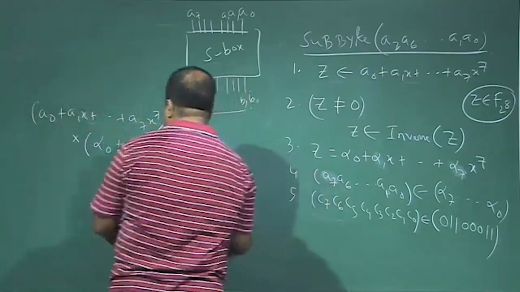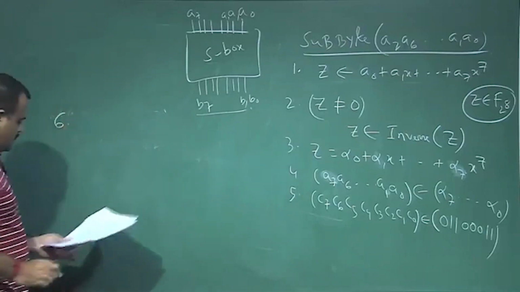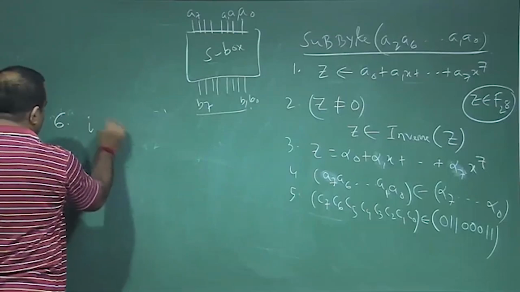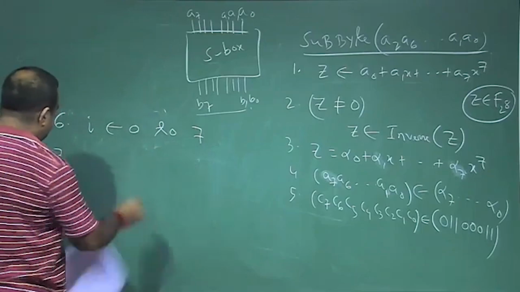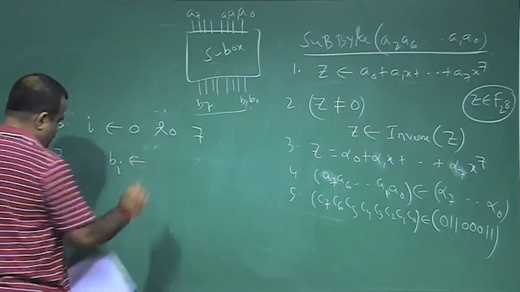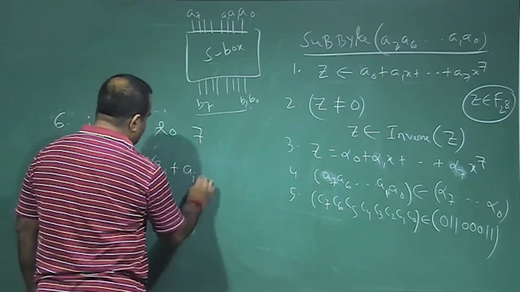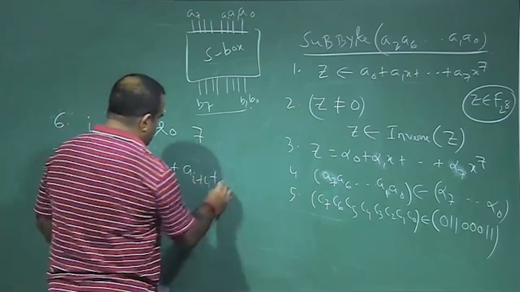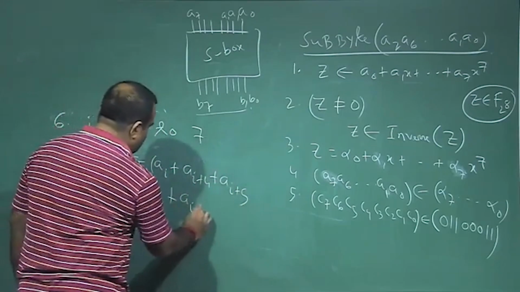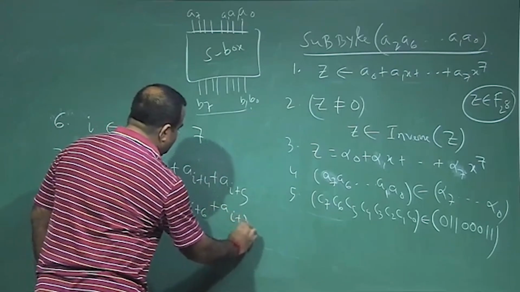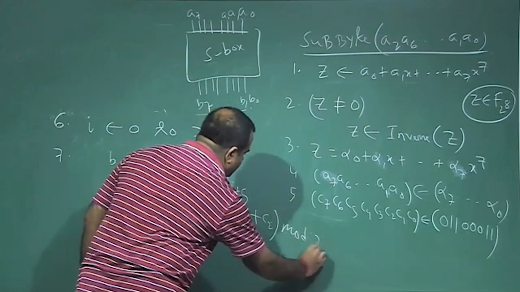Now, how to get the BIs? From 0 to 7, we have the formula: BI is AI plus A(I+4) plus A(I+5) plus A(I+6) plus A(I+7) plus CI, mod 2, because everything is mod 2.